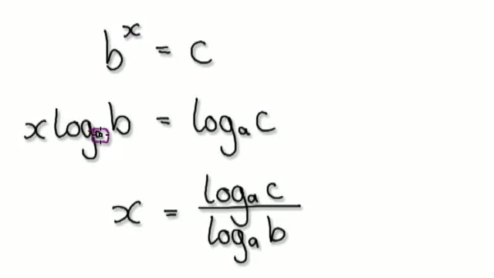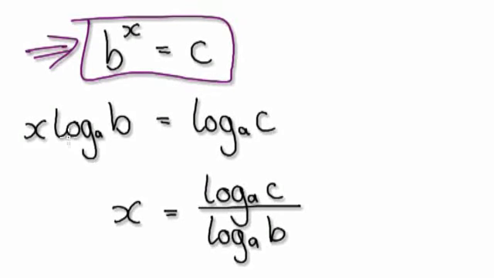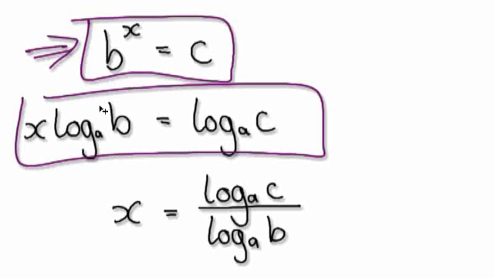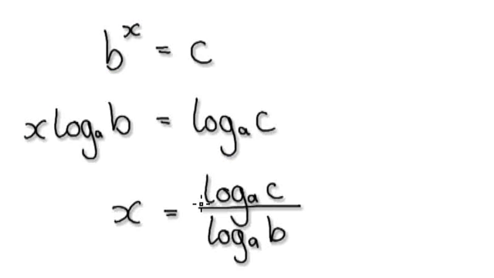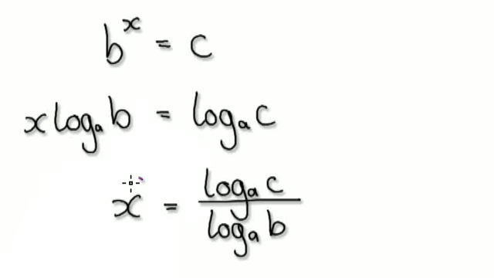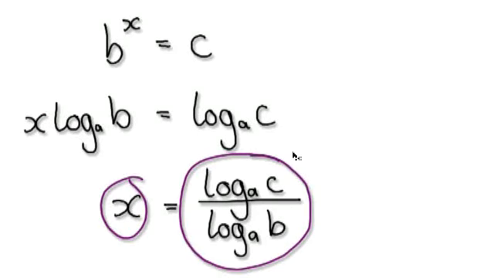When you log both sides to base a, it doesn't matter what base it is, it will still work. So if you log base a, it gives you this, and if you want x on its own, you divide both sides by log base a of b. So x equals this.